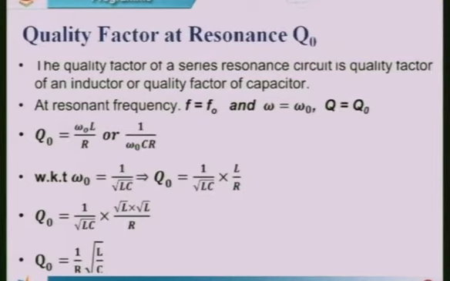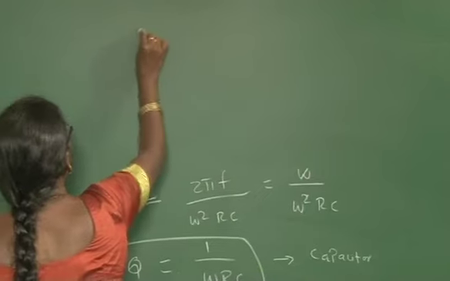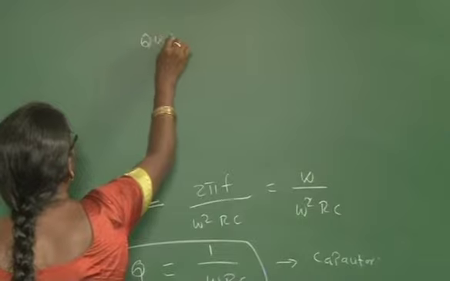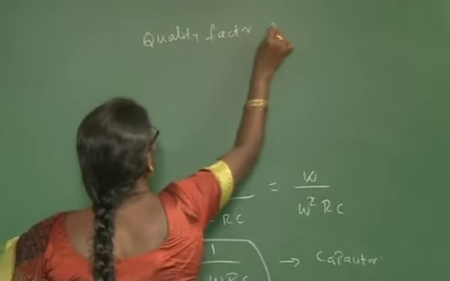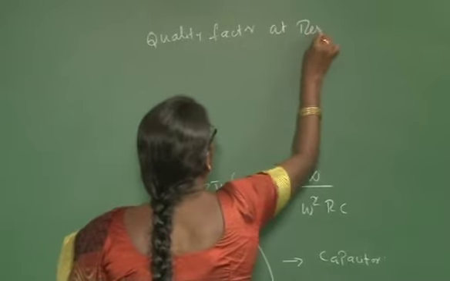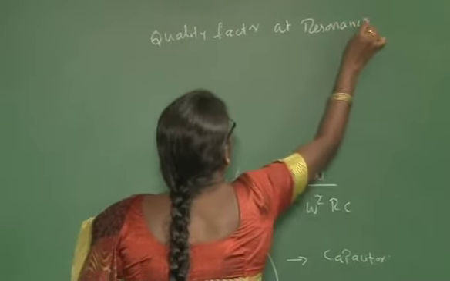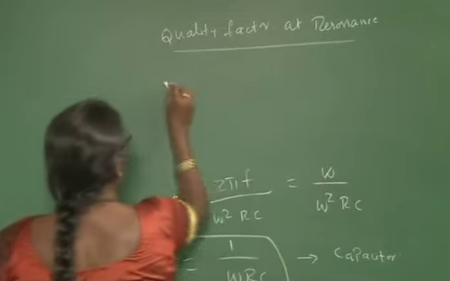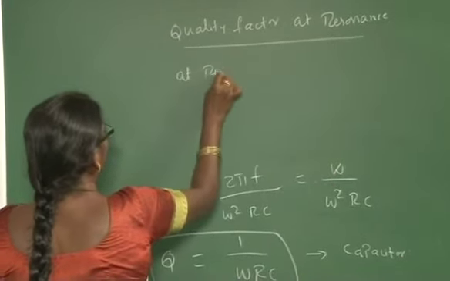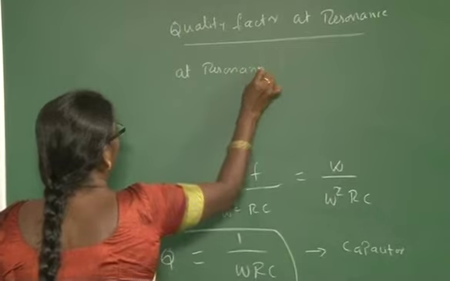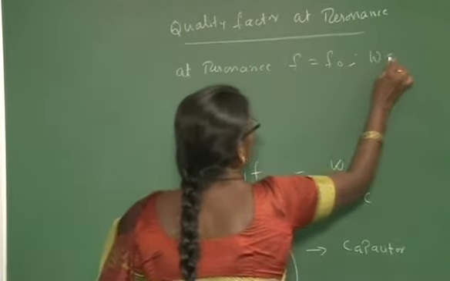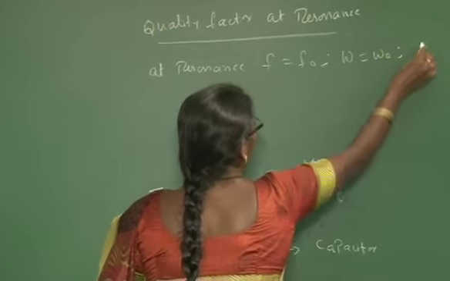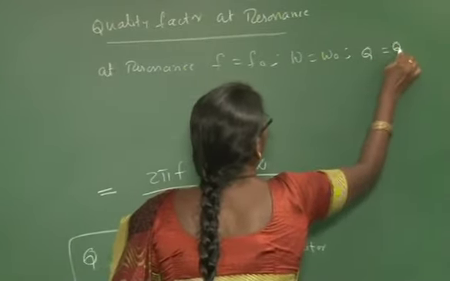Till now we have discussed what is the resonance frequency of a series resonance circuit. So the quality factor at resonance. So we define at resonance f is f naught, omega is omega naught, and we take q is equal to q naught.